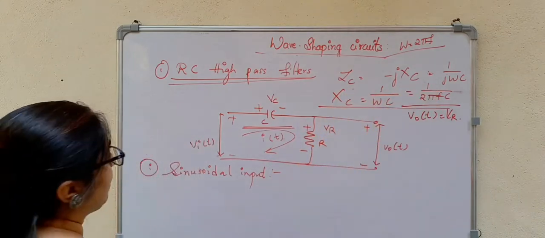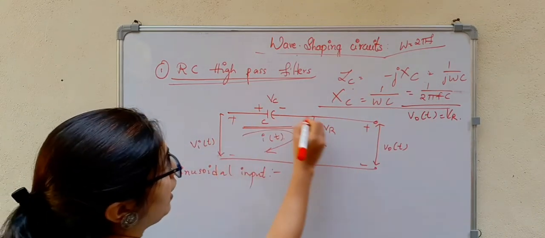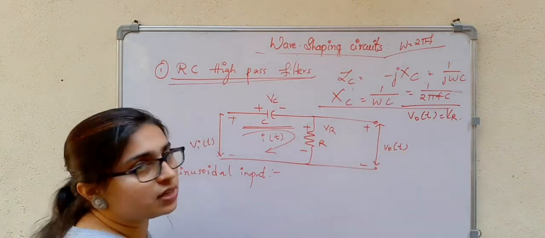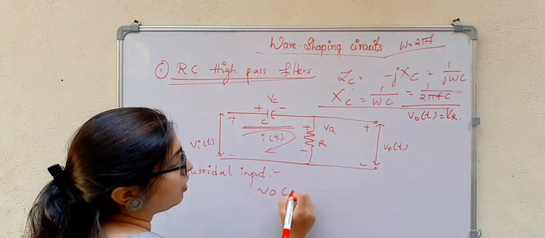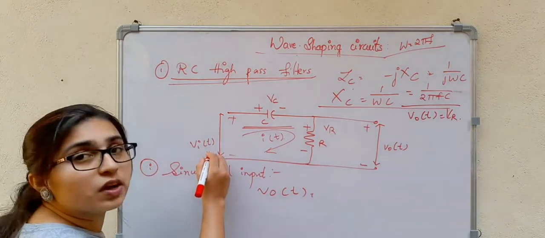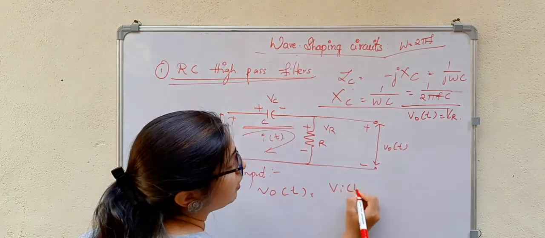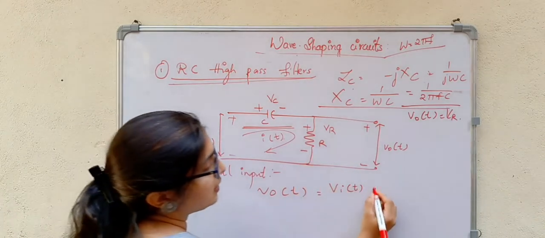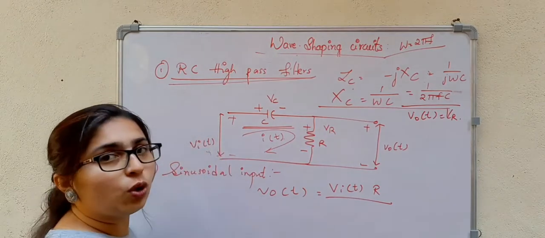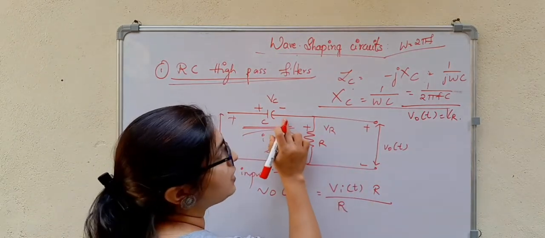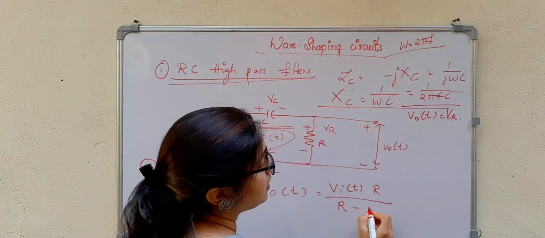That is the impedance of the capacitor. Now I will find the voltage across the resistor, that is Vo(t), by applying the voltage divider rule. The source voltage is Vi(t), and across the resistance where we are measuring the voltage, divided by the total impedance, which is R minus jXC.